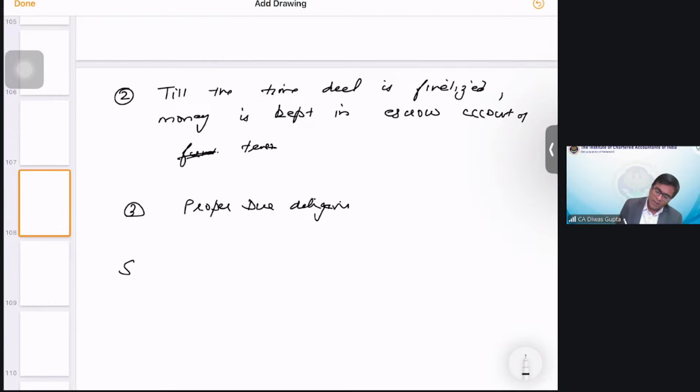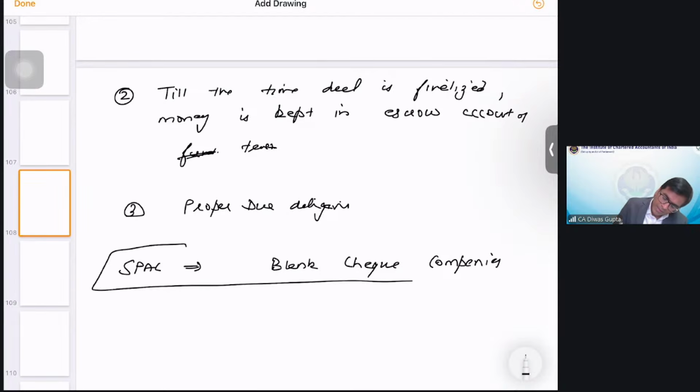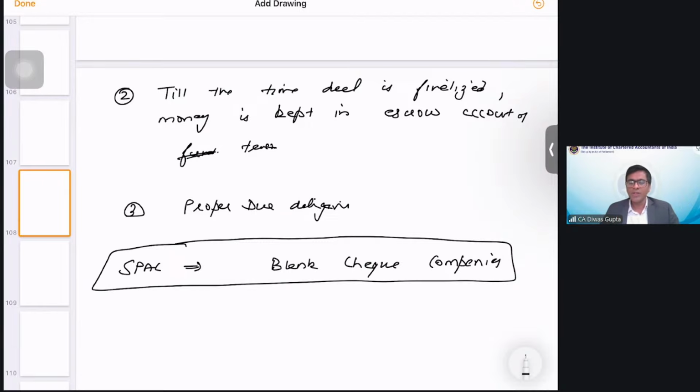So this SPAC is also called blank check companies. Okay. These are also called blank check companies, in which shareholders are investing, but they don't know for which purpose the funds will be utilized, right?